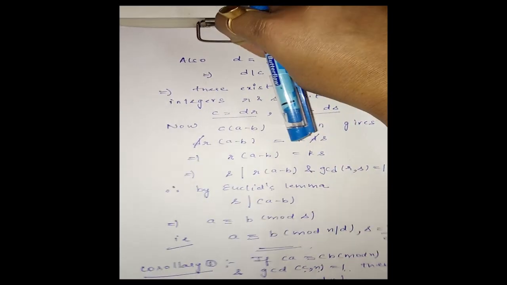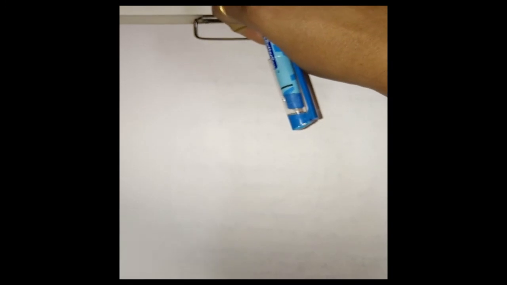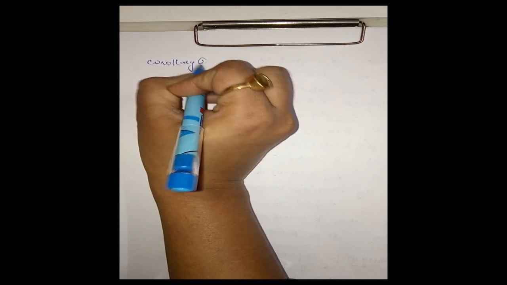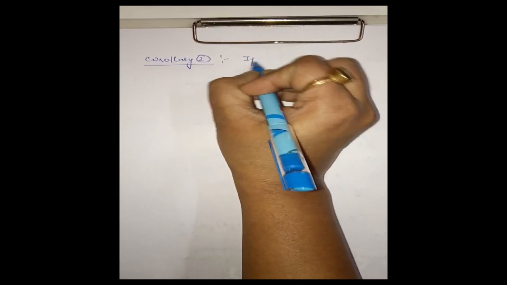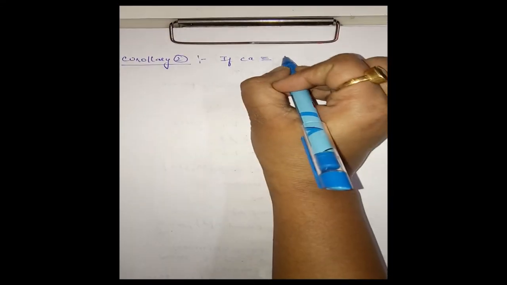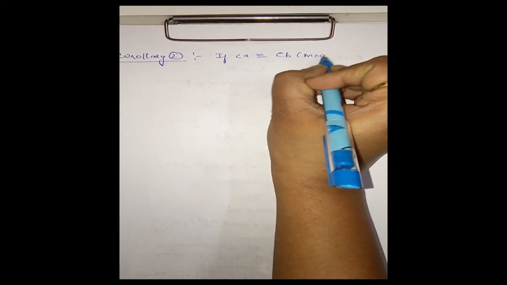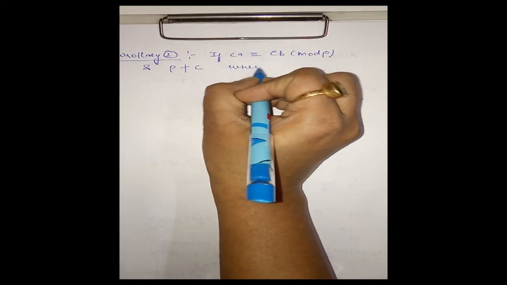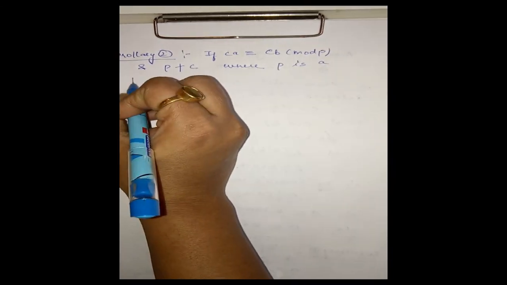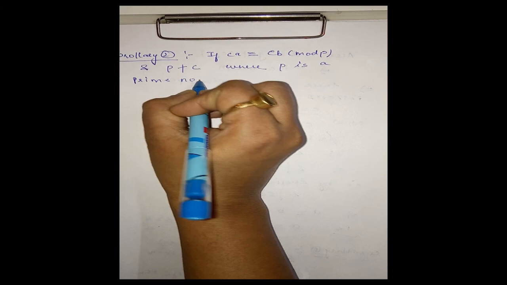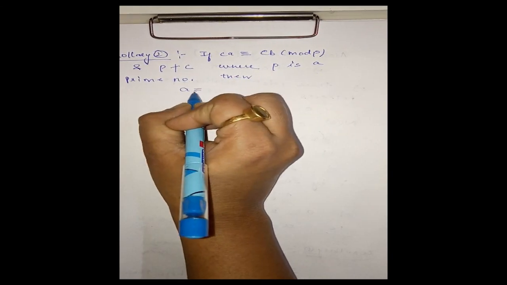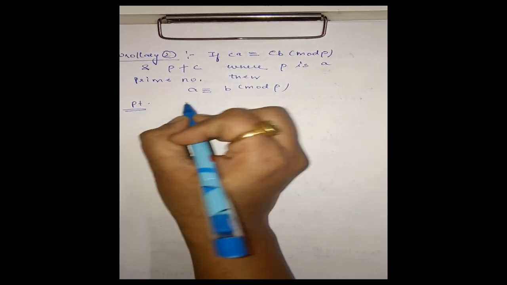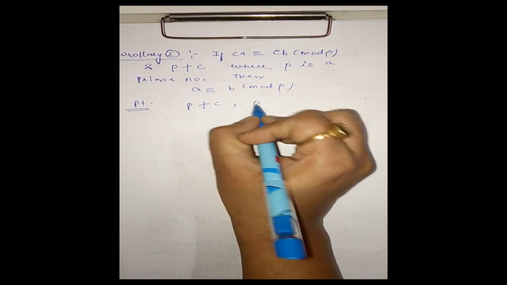Now the second corollary, corollary 2: if CA is congruent to CB modulo p and p does not divide C, where p is a prime number, then A is congruent to B modulo p. Here p does not divide C and p is prime.